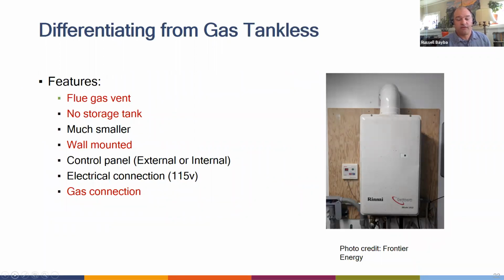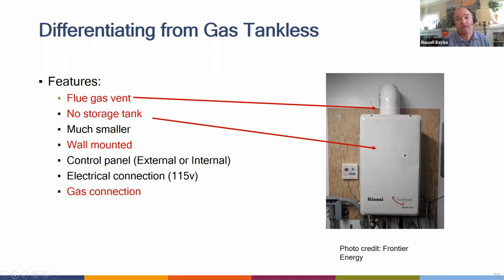Let's see. So this is a tankless. This is also vented, either a direct vent outside, or it can be atmospheric. There's no storage tank. It's quite a bit smaller than the heat pump or the tanked water heaters. They're wall mounted. They can be wall mounted inside or outside.